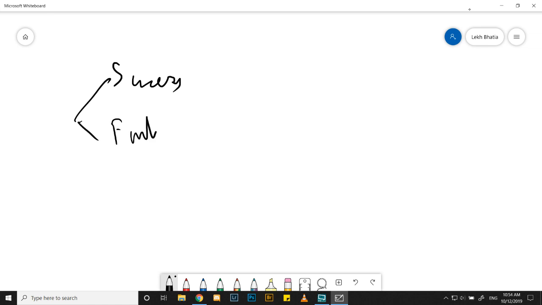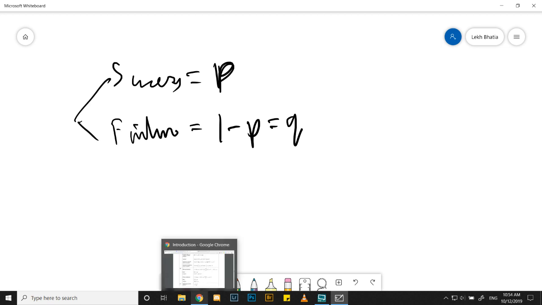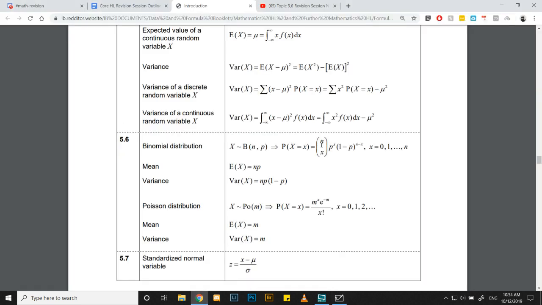This is super common, especially when success has some probability p, and failure has the probability 1 minus p, usually denoted by q. Because combinatorics and the binomial expansion theorem are directly linked, you could use this formula: n choose x, p to the x times 1 minus p to the n minus x. That's how you would evaluate the binomial distribution.